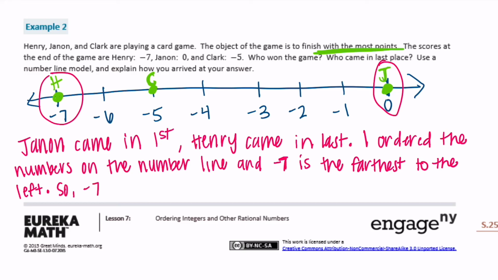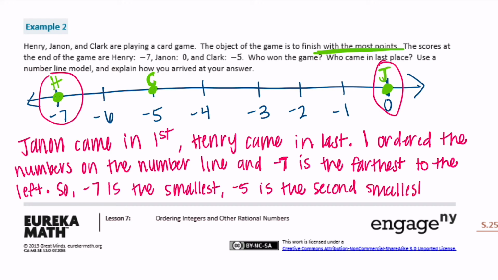So -7 is the smallest. -5 is the second smallest. And 0 is the greatest.